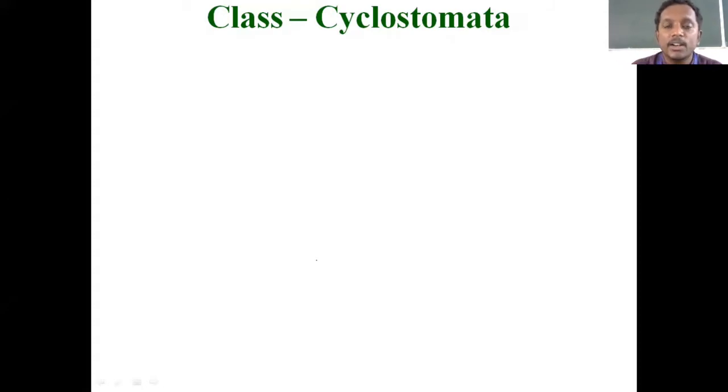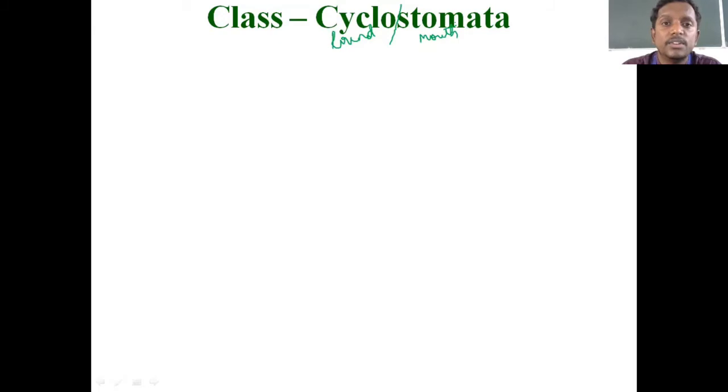The word cyclo refers to round, or circle. Stoma refers to mouth. So these are aquatic organisms whose mouth is circular and does not have any jaws. Mouth without jaws, but a circular mouth.